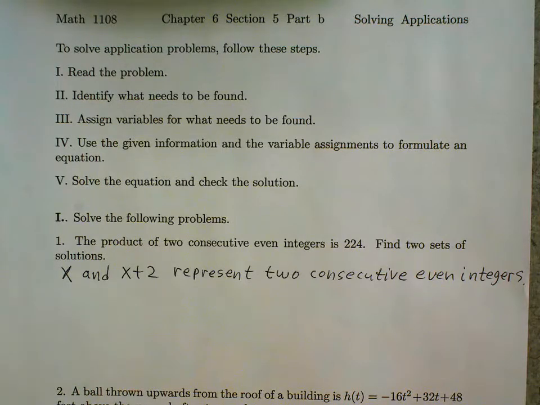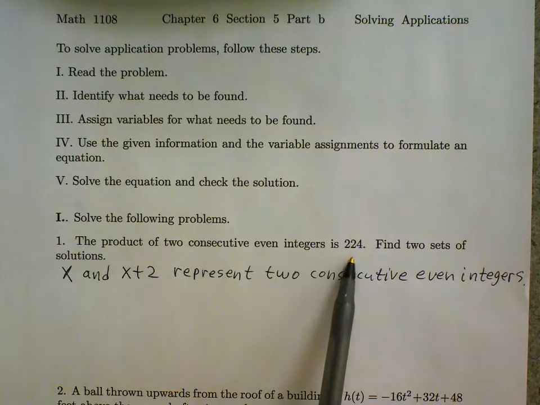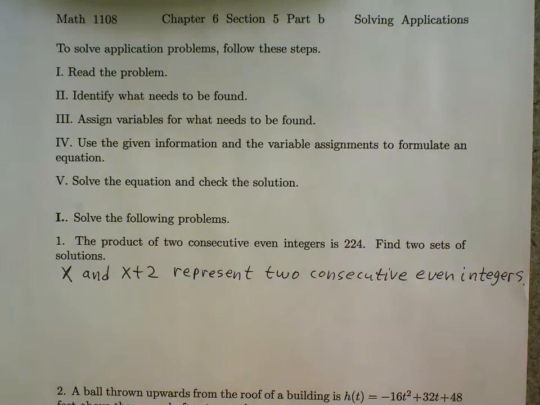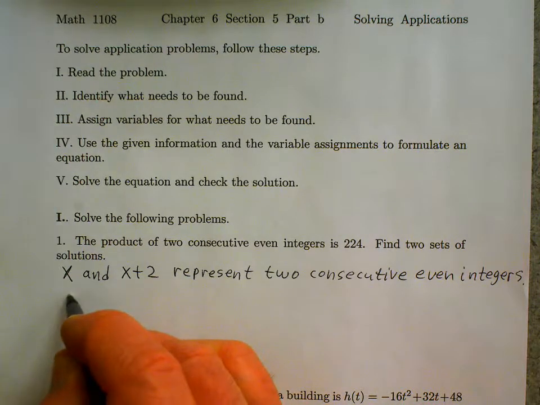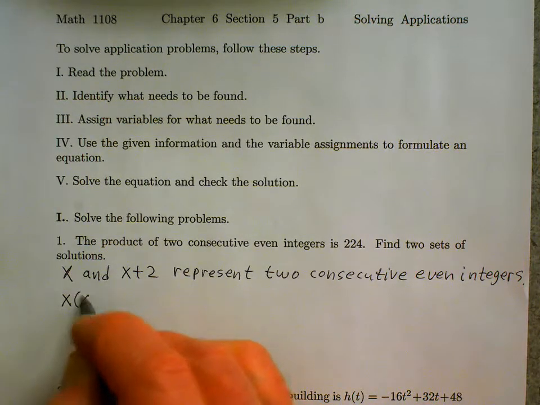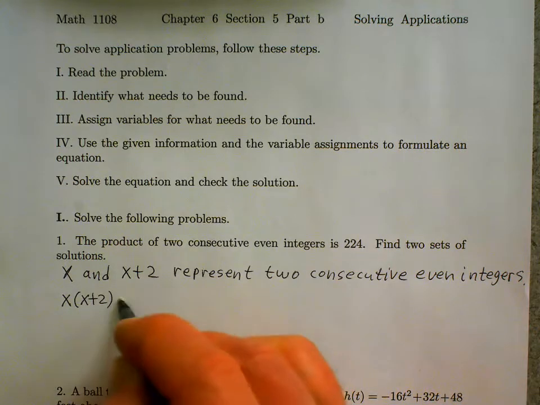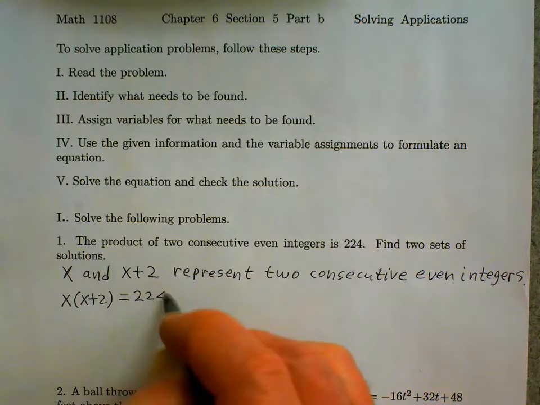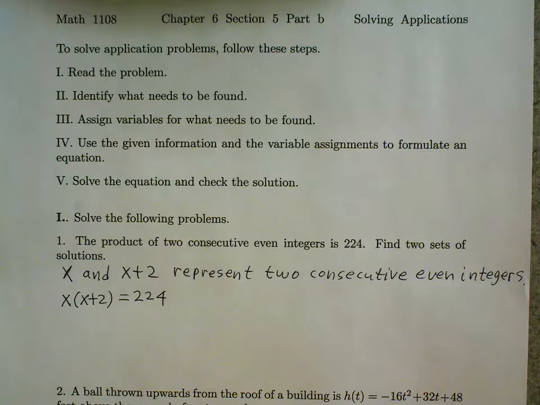Okay, and we're told that the product is 224, so our equation is x times x plus 2 equals 224. That is our equation.